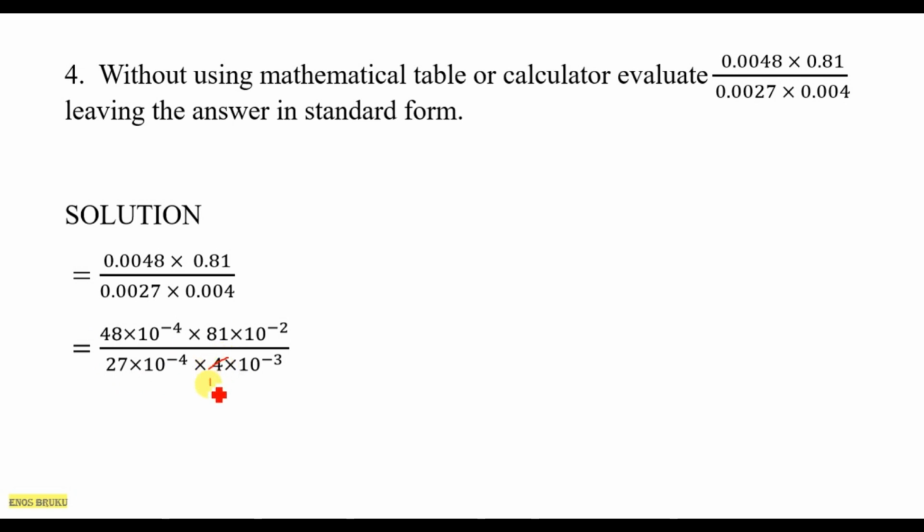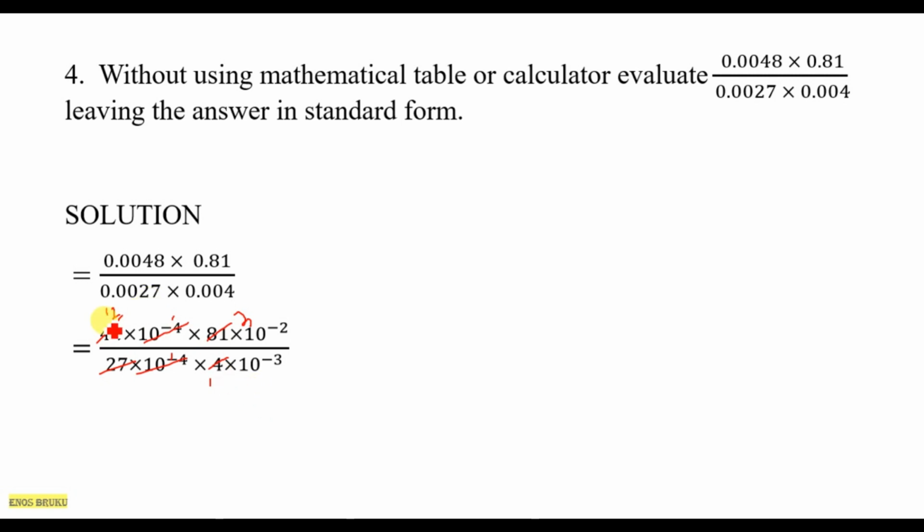4 will go into itself 1, 4 will go into 48 how many times? 12 times. And then 27 will cancel 81 3 times. And 10 exponent negative 4 will also cancel 10 exponent negative 4 once, which means they are gone.